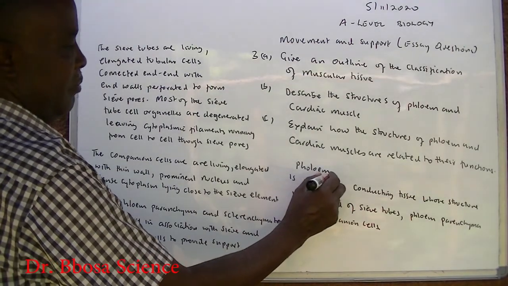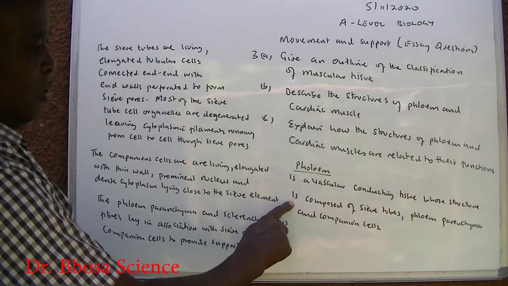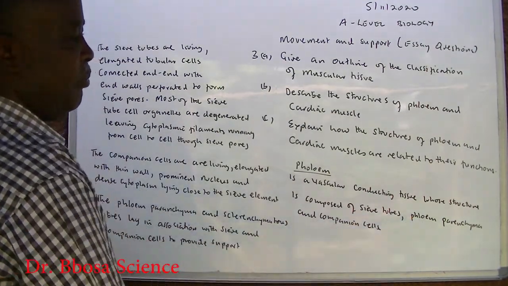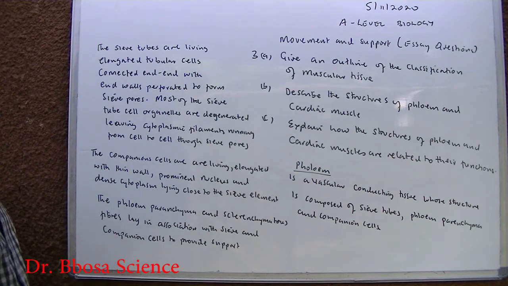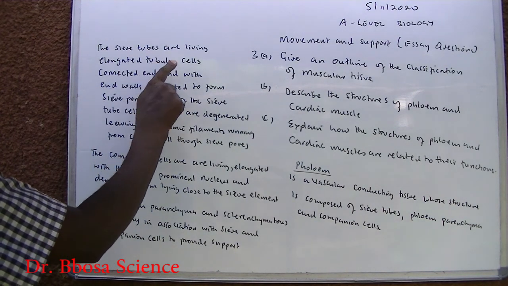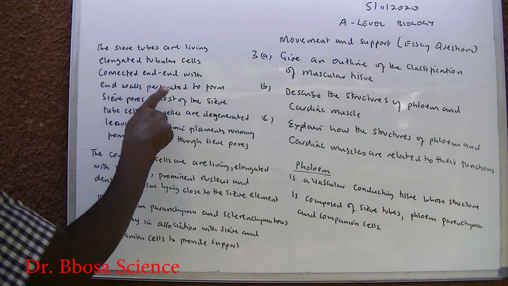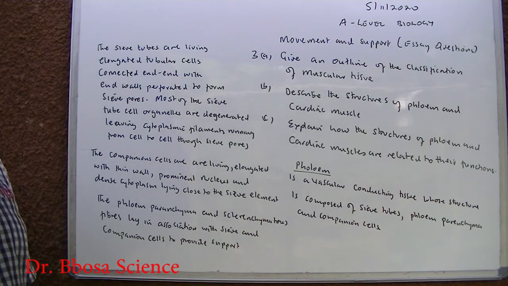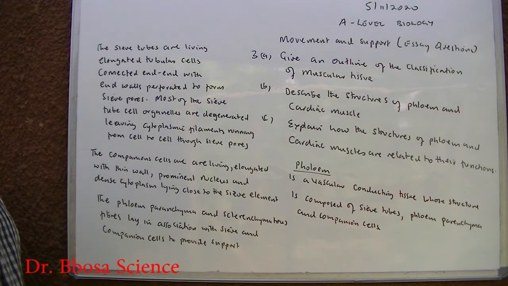When you look at the phloem, it is a vascular conducting tissue whose structure is composed of the sieve tube, phloem parenchyma, and the companion cell. The sieve tubes are living, elongated tubular cells connected end to end with end walls perforated to form sieve pores. Most of the sieve tube cell organelles are degenerated, leaving cytoplasmic filaments running from cell to cell through sieve pores.